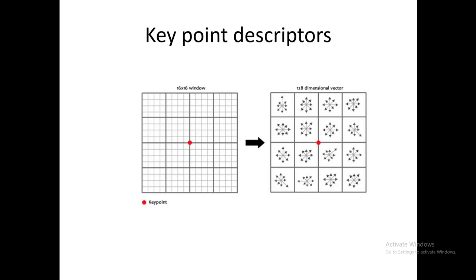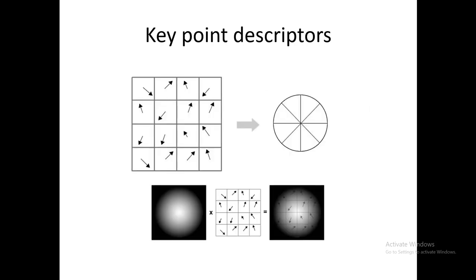The amount added depends on the magnitude of the gradient, and also on the distance from the keypoint. Gradients that are far away from the keypoint add smaller values to the histogram. This is done by using a Gaussian weighting function.